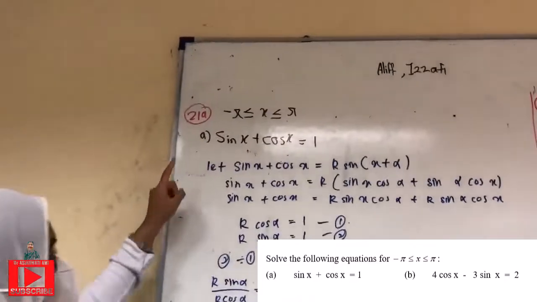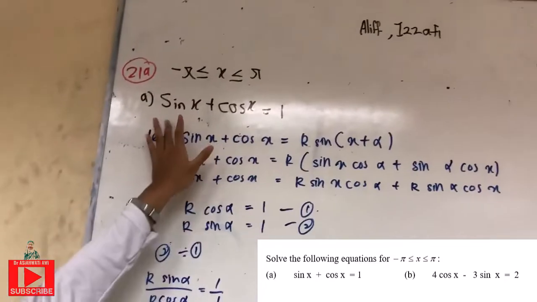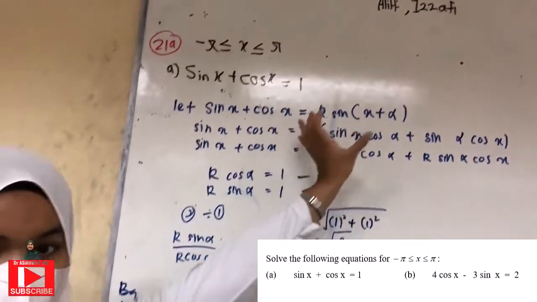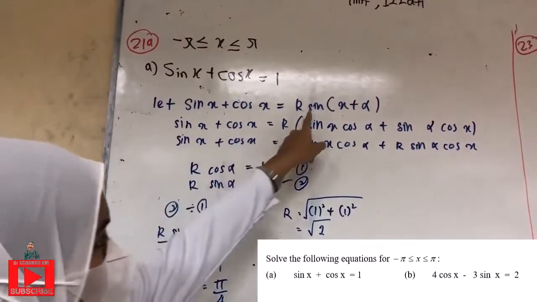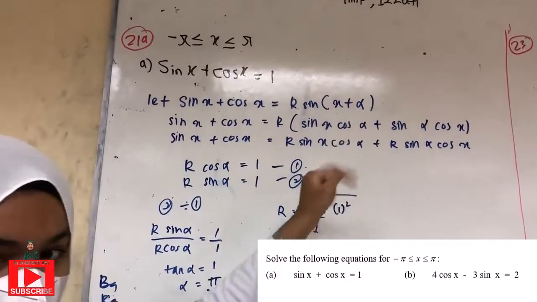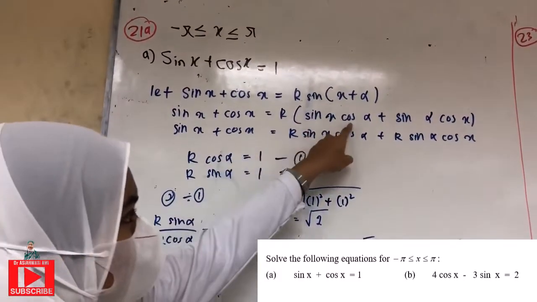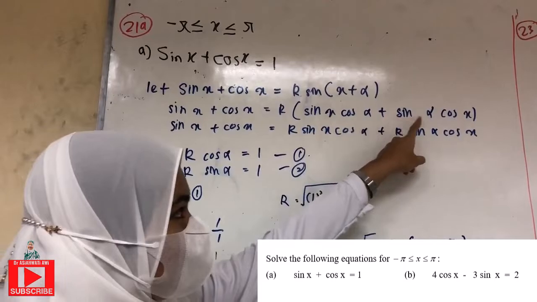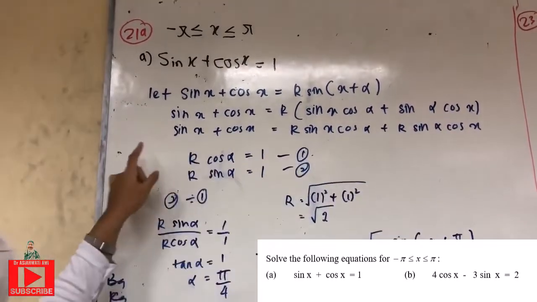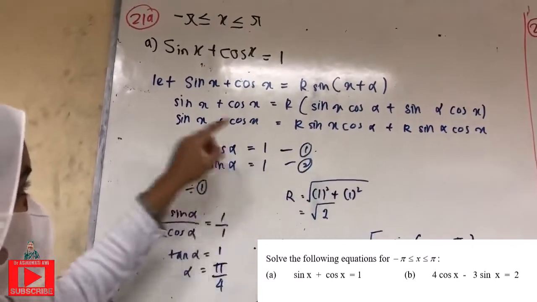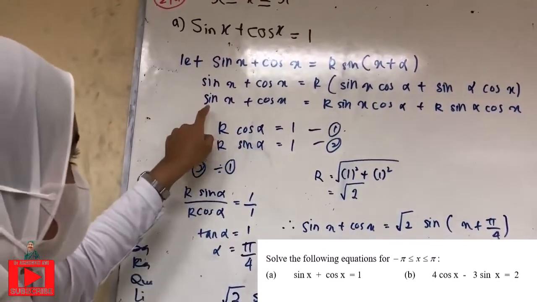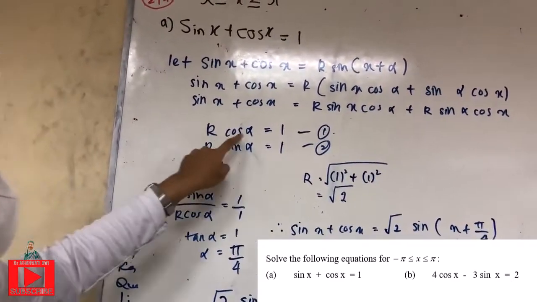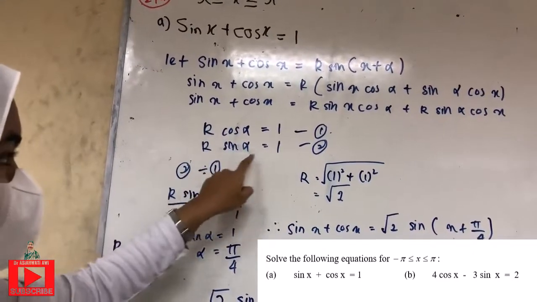Ada peserta, ini soalan dia yang kita boleh tukarkan jadi dalam radian. Jadi yang ni kita guna addition rule untuk sin. Ini jadi sin x cos alpha tambah sin alpha cos x. And then kita expand R masuk dalam ni dan kita boleh compare both side. Kita akan dapat R cos alpha sama dengan 1 dan R sin alpha sama dengan 1.